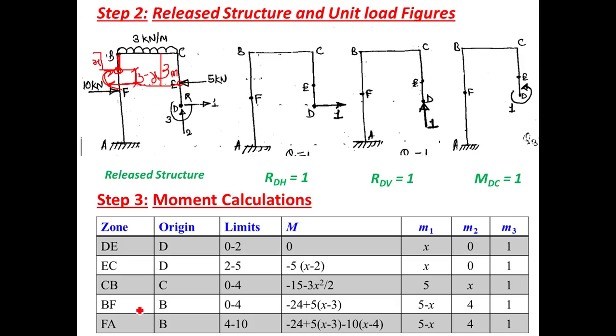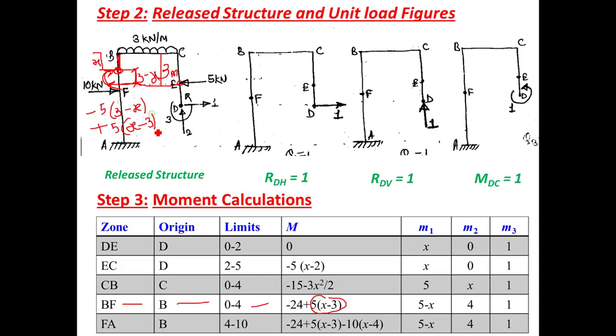If you look at the fourth row of this table, it is minus 5 into 3 minus x. This is the moment. If you take minus outside, it becomes plus 5, and in the bracket it becomes x minus 3.